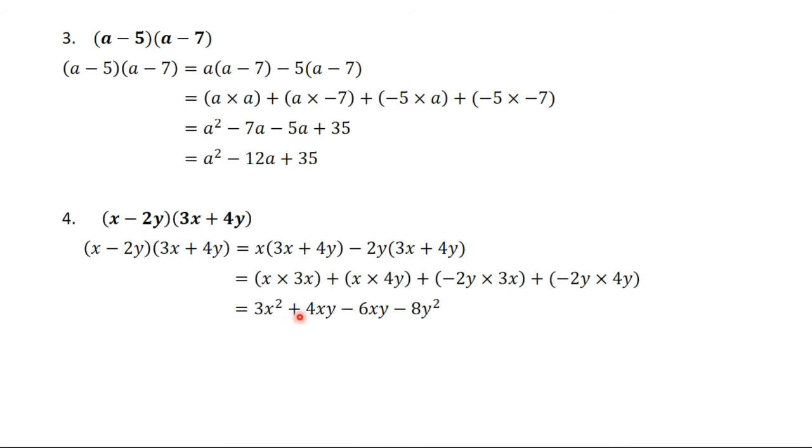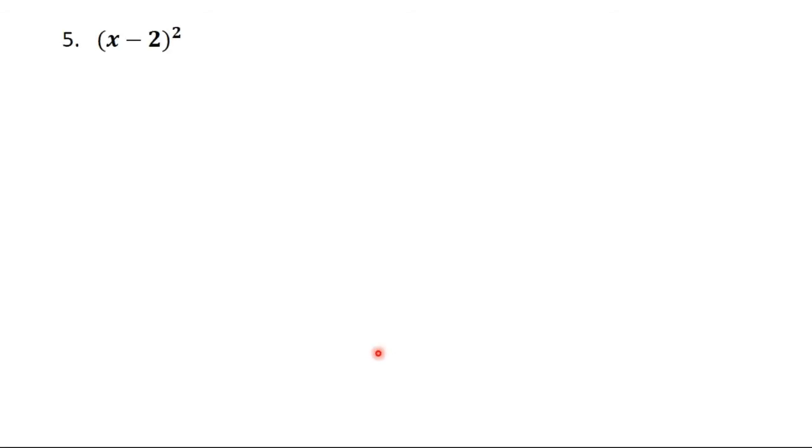So the only like terms we have here are 4xy and minus 6xy. From additions and subtractions of algebraic expressions, we've come to see that 4xy and minus 6xy is going to give us minus 2xy. So finally, we are going to have 3x squared minus 2xy minus 8y squared.